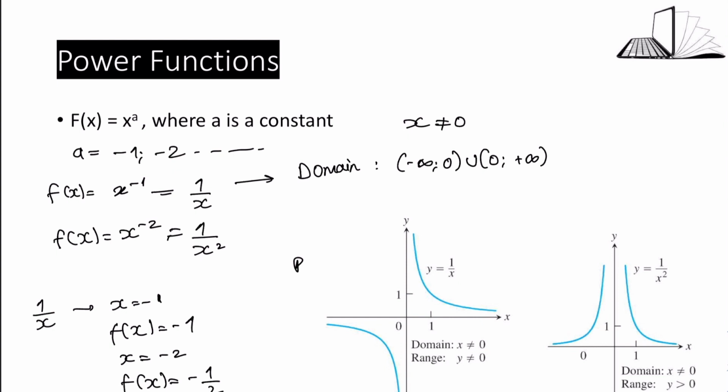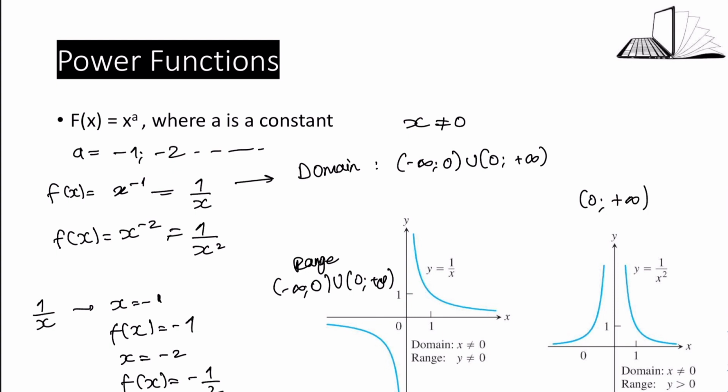The range for this one is from minus infinity to 0, union 0 to plus infinity, and the range in this one is from 0, not included, sorry, 0 is not included, to plus infinity.